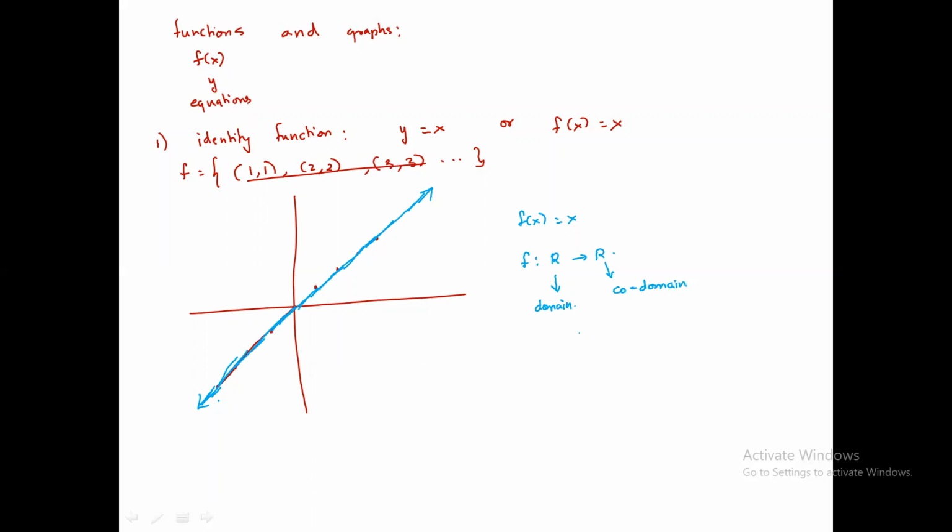And range also real numbers, because a range will be either equal to codomain or range will be subset of codomain, right? So range also will be set of real numbers only. From this graph, that is what you can see.